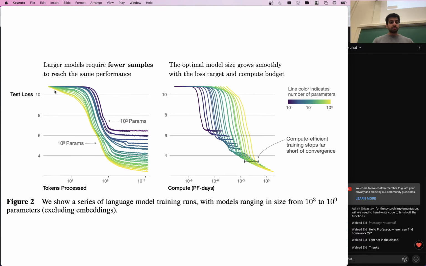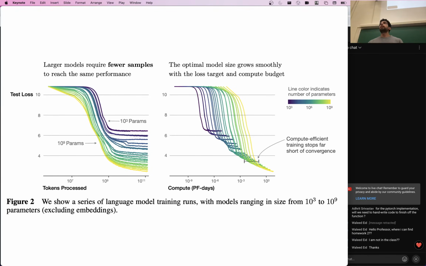Whereas our bigger model, this yellow curve here, reaches a loss of 8 at maybe 10 to the 8th training tokens, right? Indicating that it is more sample efficient. It's reaching the same loss with fewer updates to the model. Okay, does that make sense?